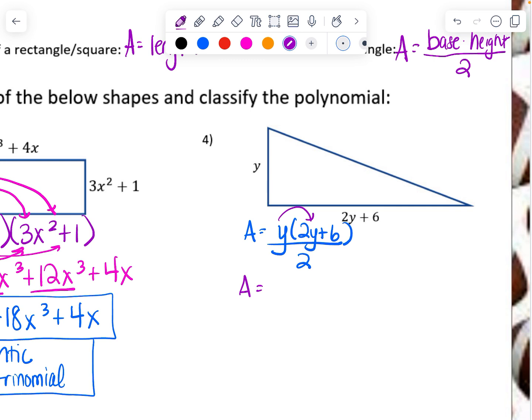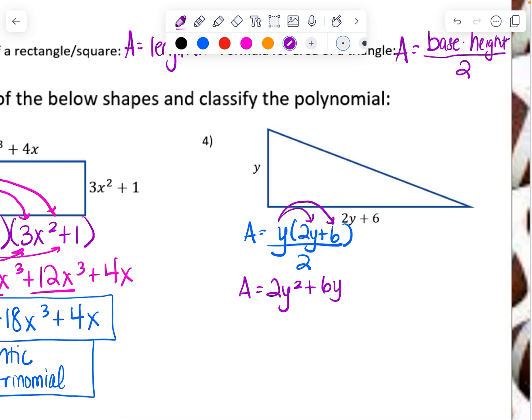The area equals 2y times y, or 2y squared, y times 6 plus 6y, and I'm going to be dividing all that by 2. I do have to simplify. If I can simplify, I have to simplify. So the area of that triangle is, I'm going to take 2y squared divided by 2. I get y squared. I'm going to take 6y divided by 2, and I get plus 3y.